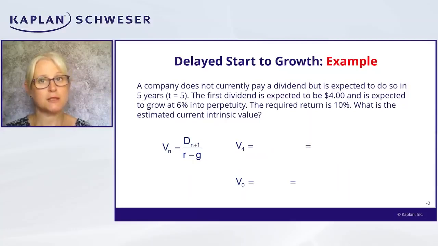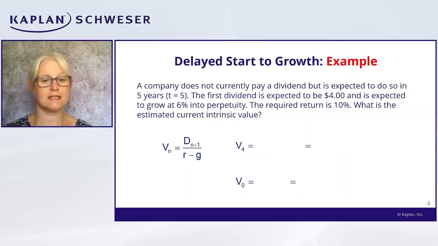So it's reasonable to say that a company doesn't pay a dividend but is expected to do so in the future. So we can expect or forecast the first dividend, $4, and at that point it's going to grow into perpetuity. And we need a return of 10%, and the growth rate of 6% is within that range. That's still quite a hefty growth rate.